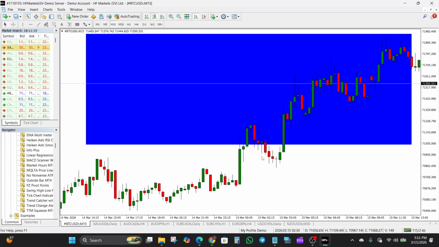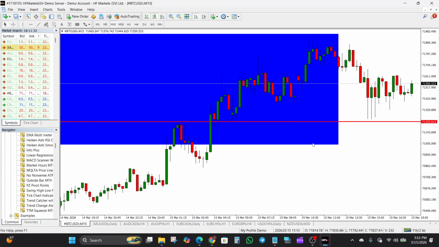In a price ladder, each row represents a specific price level. Alongside each price level, traders can see information such as pending buy orders, pending sell orders, and sometimes the number of trades occurring at that level.